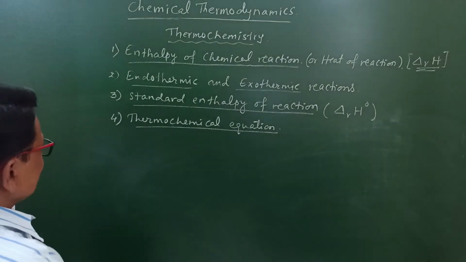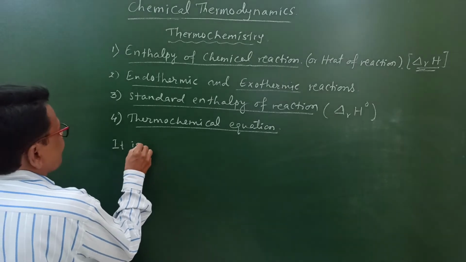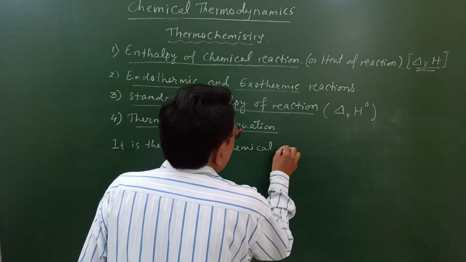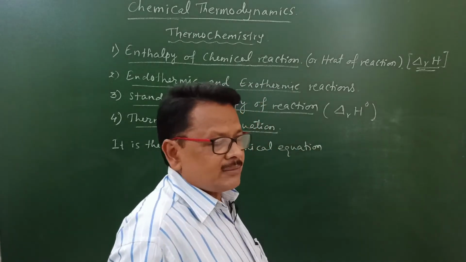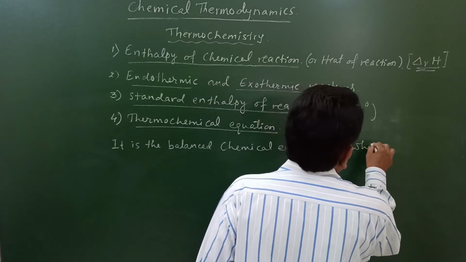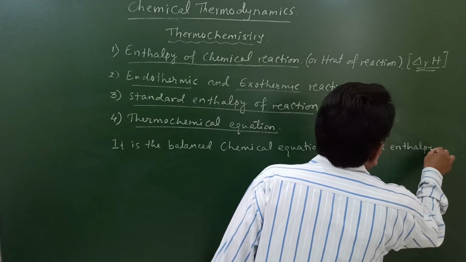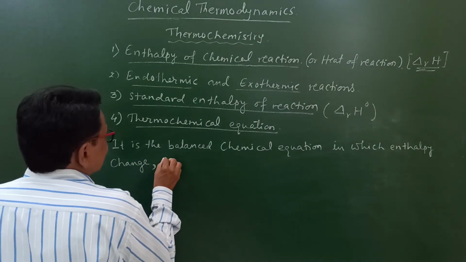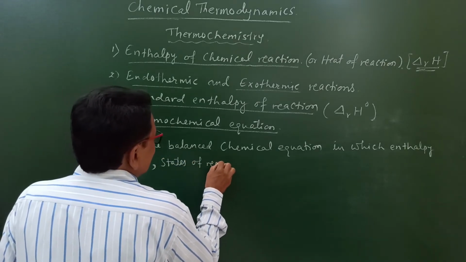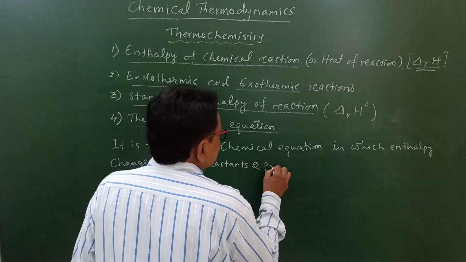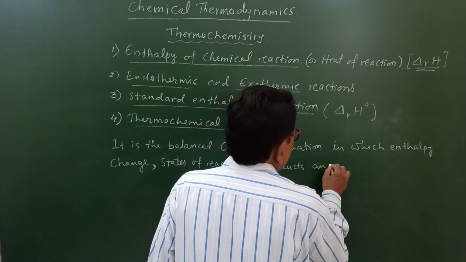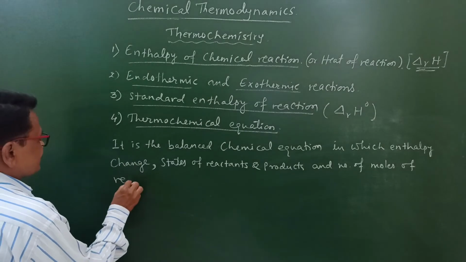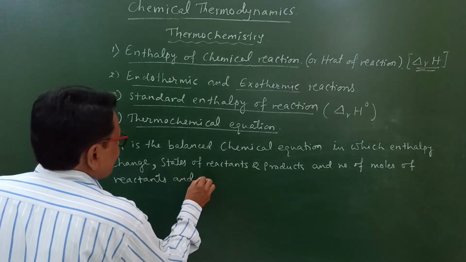A very simple definition is that a thermochemical equation is a balanced chemical equation, or balanced chemical reaction, in which the enthalpy change, the states of reactants and products, and the number of moles of reactants and products are specified.